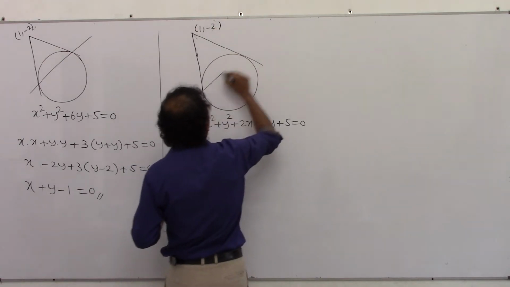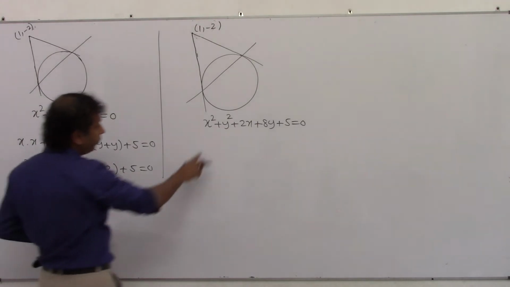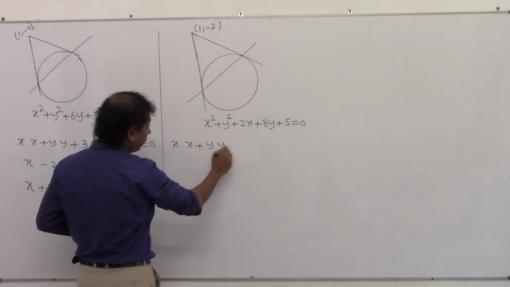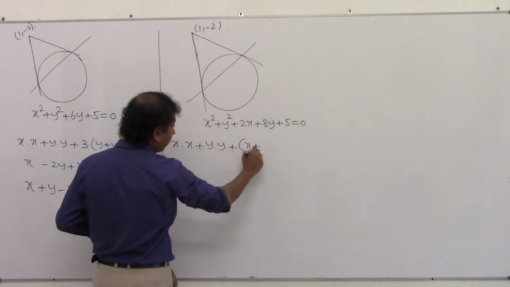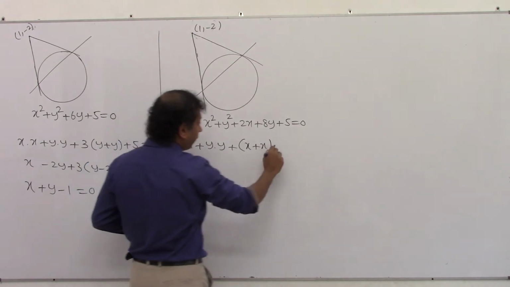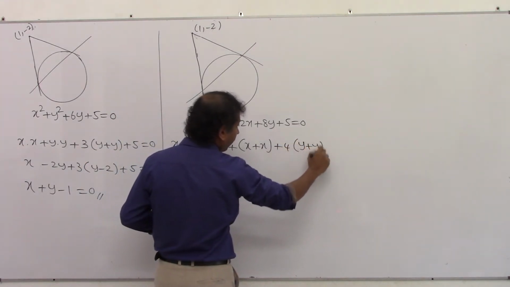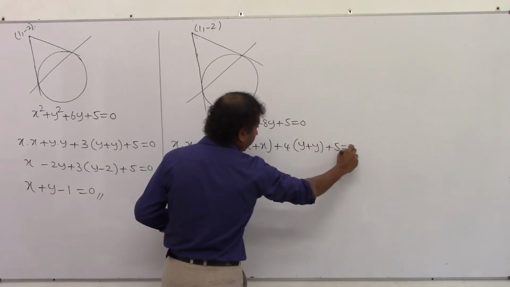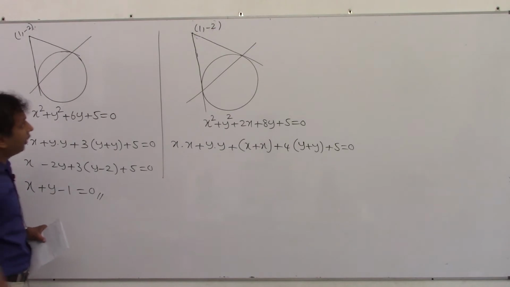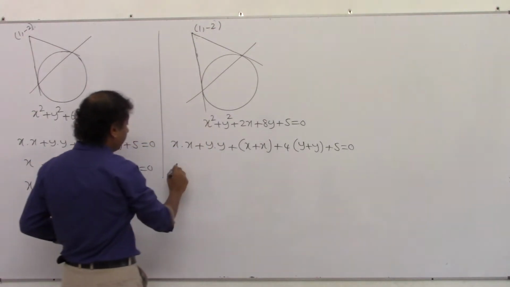The chord of contact is this. Here also we can find it. x squared I can write as x into x, y squared as y into y, 2x as x plus x, 8y we can write as 4 times 2y, that 2y we write as y plus y, plus 5 equals 0. The 1x is replaced by this x coordinate, 1y by this y coordinate.